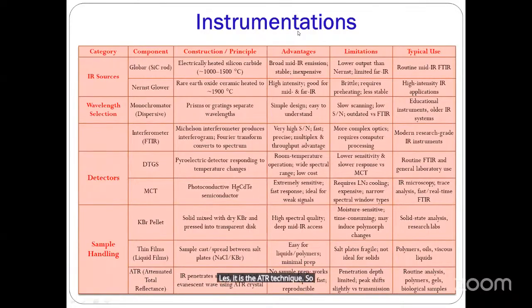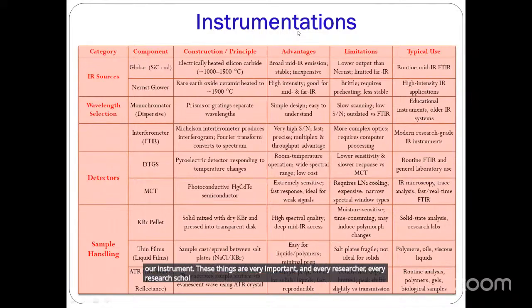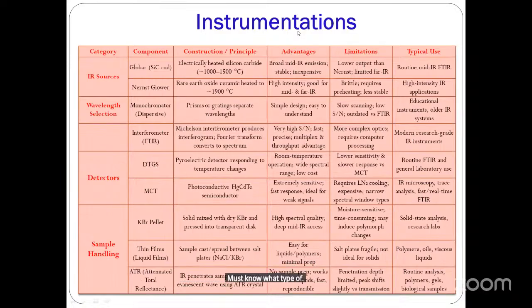So while purchasing the IR instrument, these things are very important, and every researcher, every research scholar, every faculty member must know what type of instrumentations are there in the IR instrument.